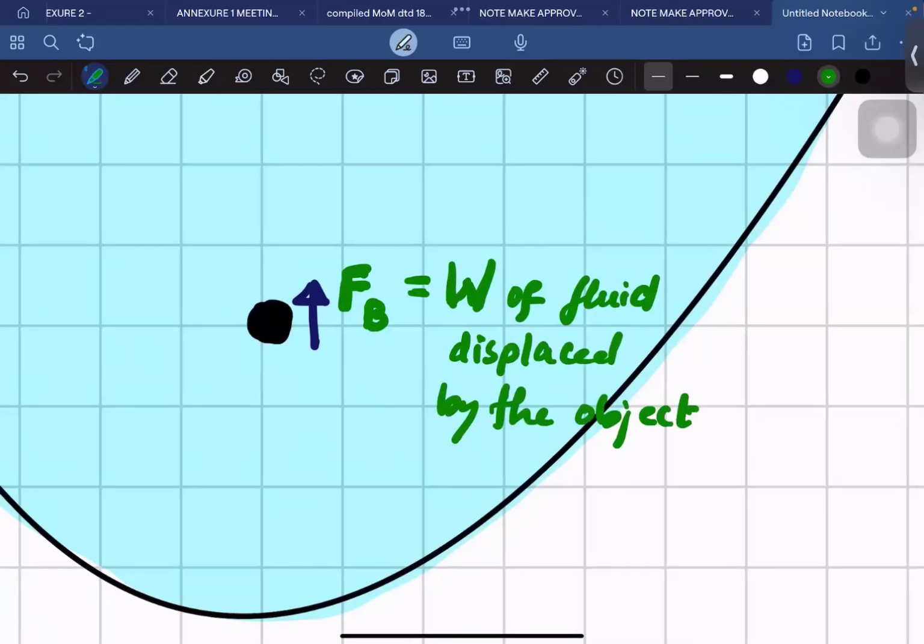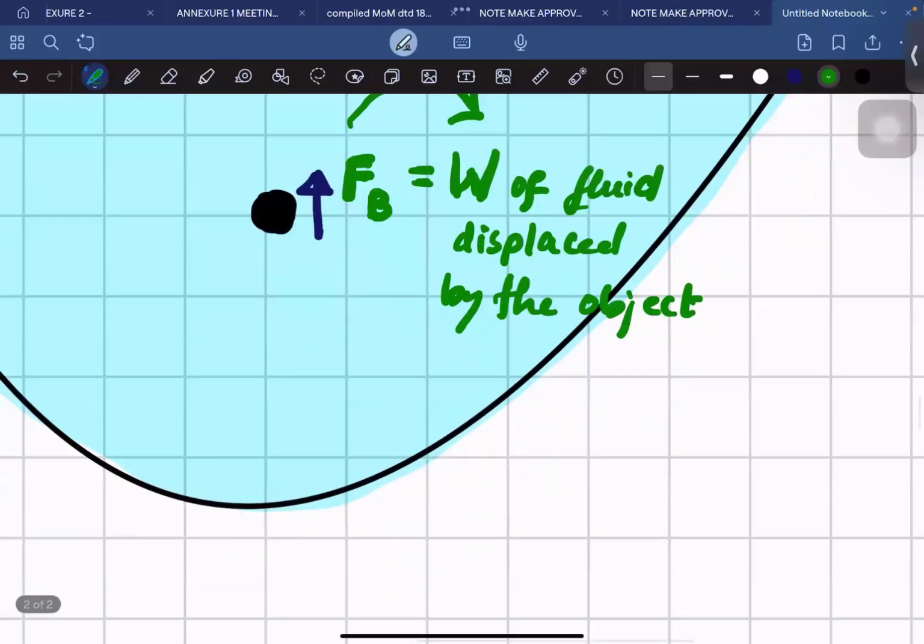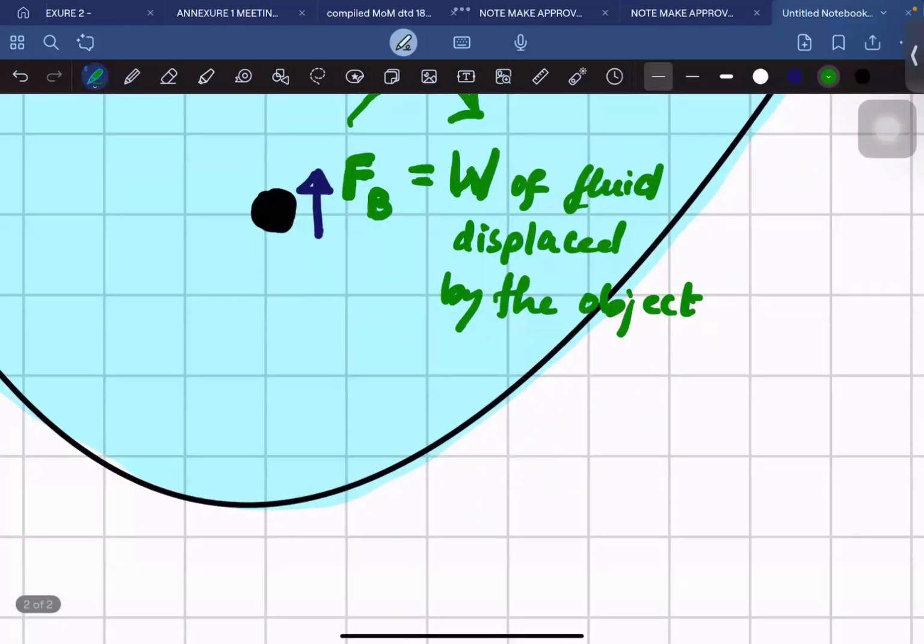By this wording, can you say that it depends on whether the ball is wood or steel or so on? Do you think that? I'm going into the subject. So the buoyant force is nothing but the weight of fluid displaced by the object. The object will displace this amount of fluid.